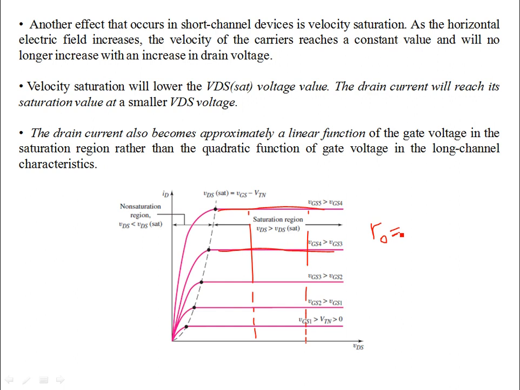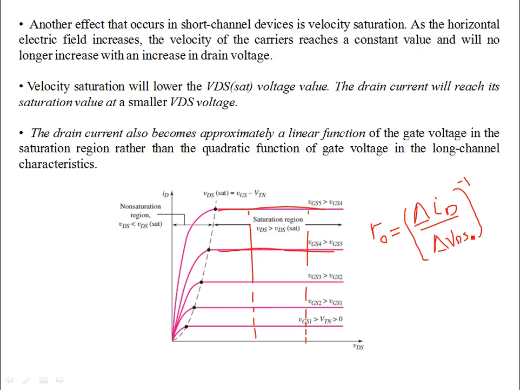The gradient of this curve is delta ID divided by delta VDS. Well, that's the gradient of the curve, but for the resistance, you need to take the inverse of this quantity. And delta is a very small quantity over here in the limit. So this is your output resistance.